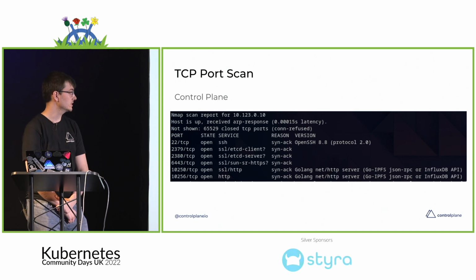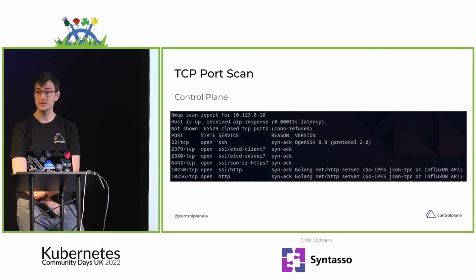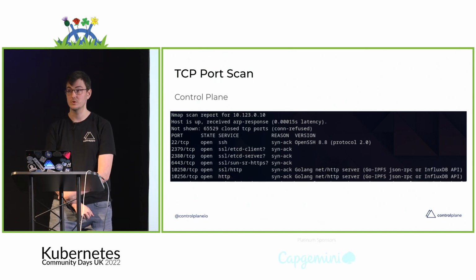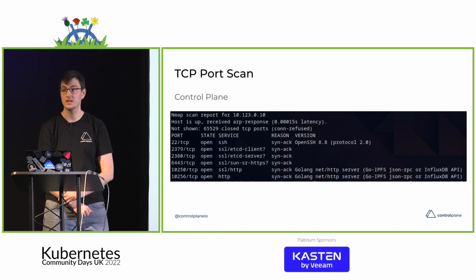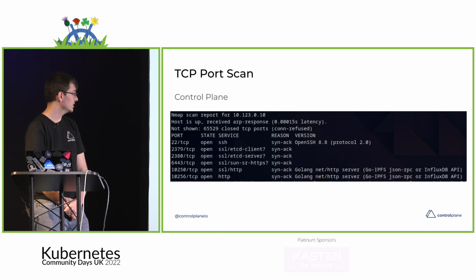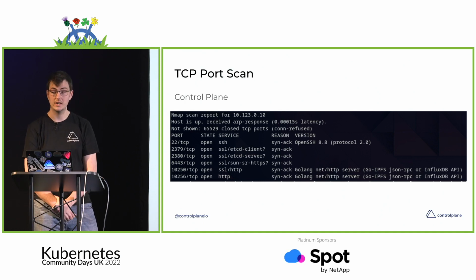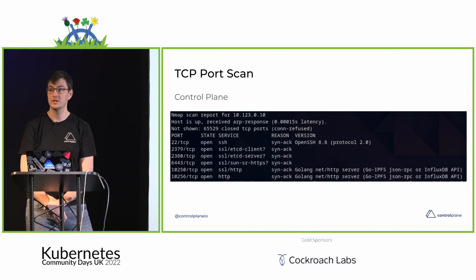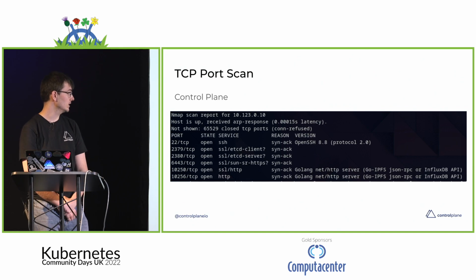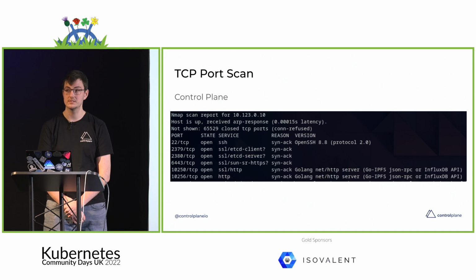In this screenshot, we can see a port scan of a control plane node. It's a little bit more interesting, with a few more ports to look at. We've got the familiar port 22 for SSH, and 10250 and 10256, as we discussed in the previous slide. But we also have three other ports here. We have 2379 and 2380. These are for clusters that self-host etcd.